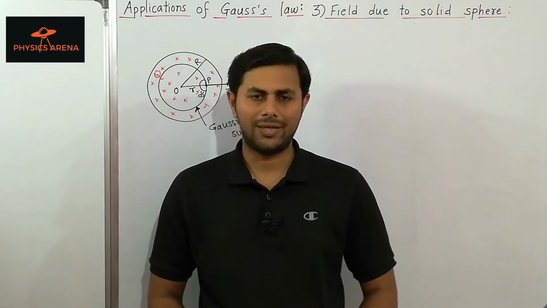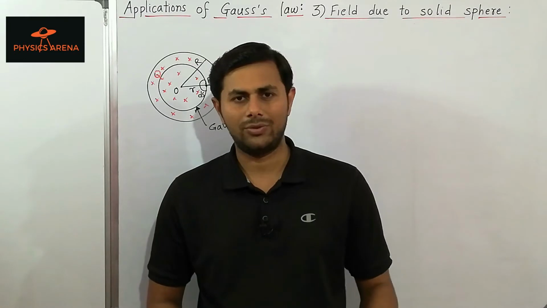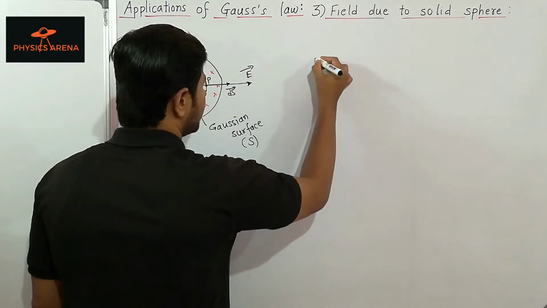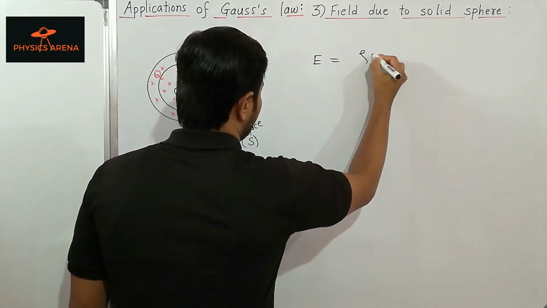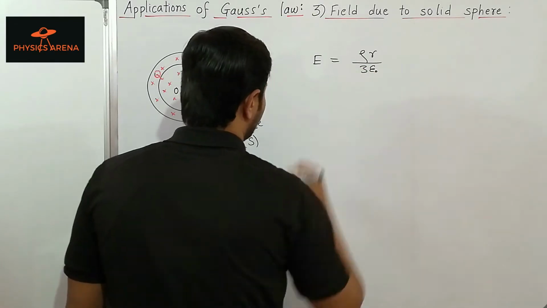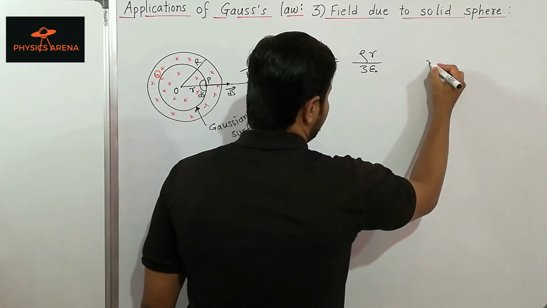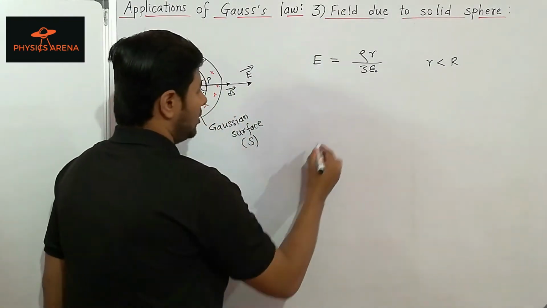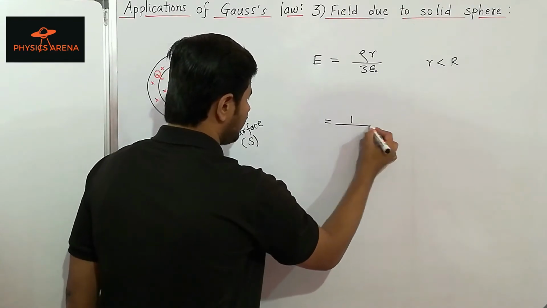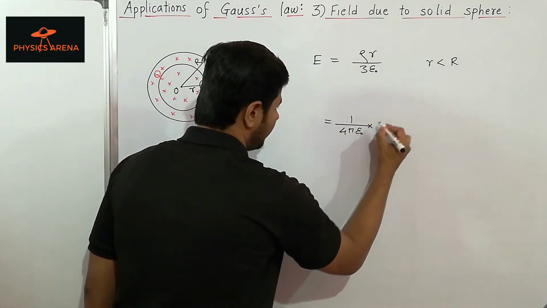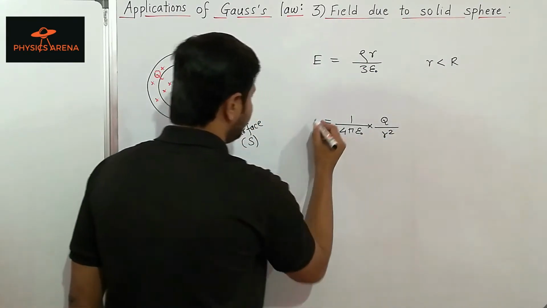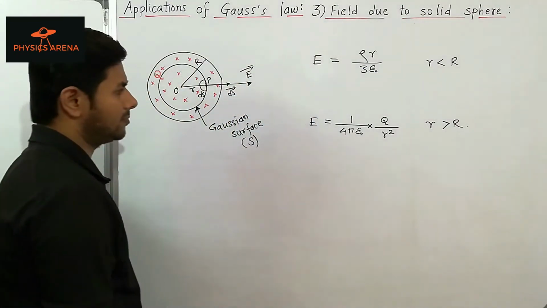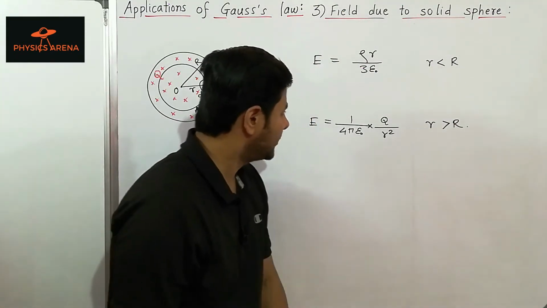Now let us just write down the formula for electric field due to a solid sphere. E is equal to rho into r divided by 3 epsilon naught. This is for an interior point, that is r less than capital R, and it is equal to 1 over 4 pi epsilon naught into Q divided by r square for r greater than capital R. So this is for an exterior point.